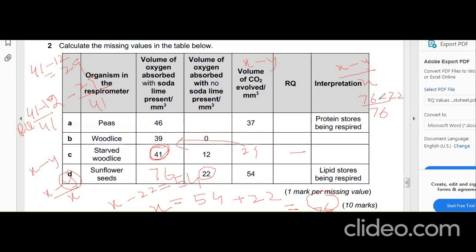So 76 minus 22 will give you 54. This value of carbon dioxide, the volume of carbon dioxide evolved, divided by the volume of oxygen absorbed with soda lime, will give you the RQ value. It's supposed to be 0.7. If it is 0.7, it means that the substrate is liquid.